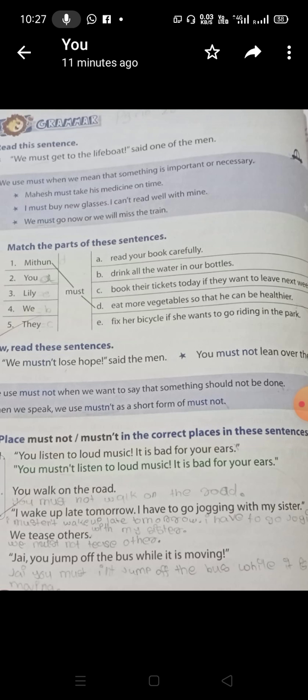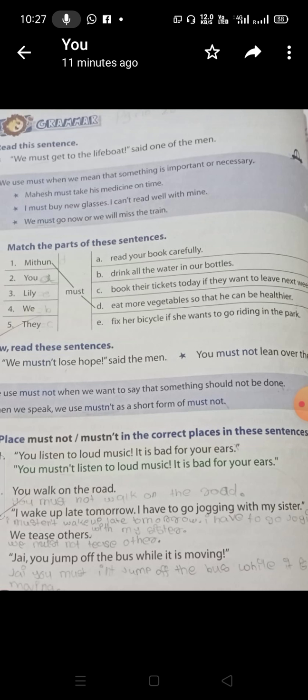Match the parts of these sentences. Mithun must eat more vegetables so that he can be healthier. You must read your book carefully. Lily must fix her bicycle. She wants to go riding in the park.